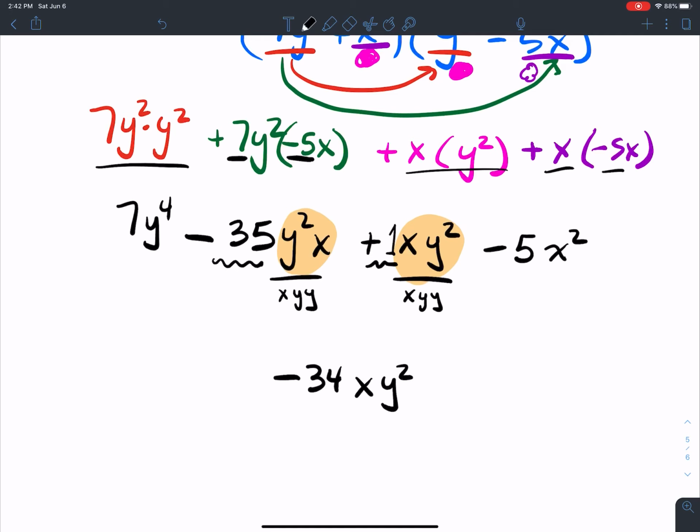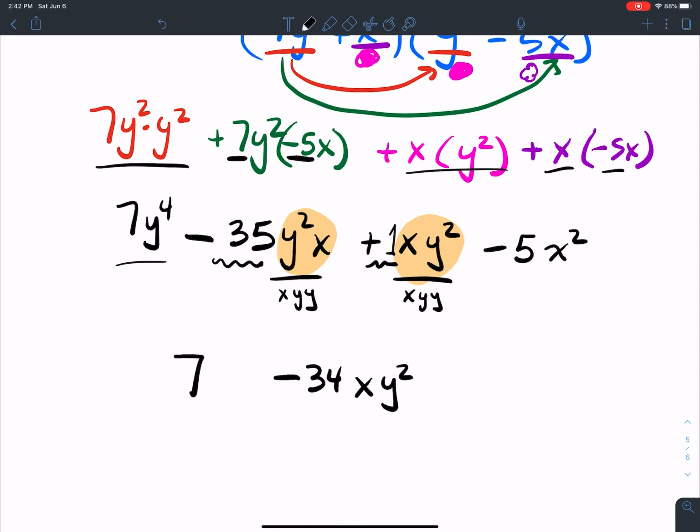I put my x before y just because that's how it is in the alphabet. If you put y squared x, that would be okay. All right, so just keep that in mind. Depending on how the homework software is, if it counts it wrong, that might be what it's looking for you to put in alphabetical order. But for me, that's perfectly fine.